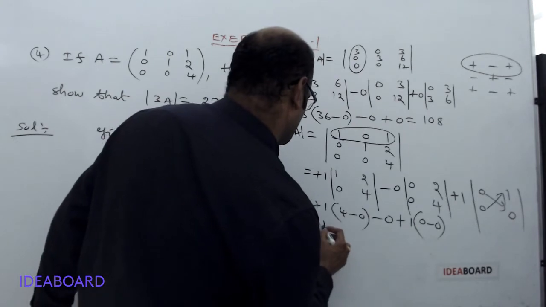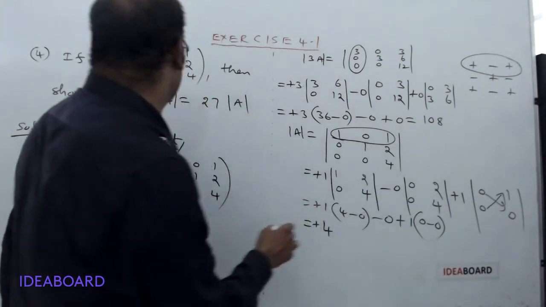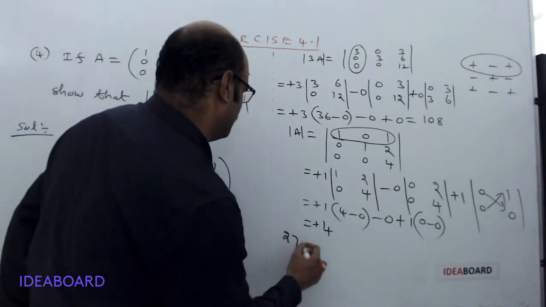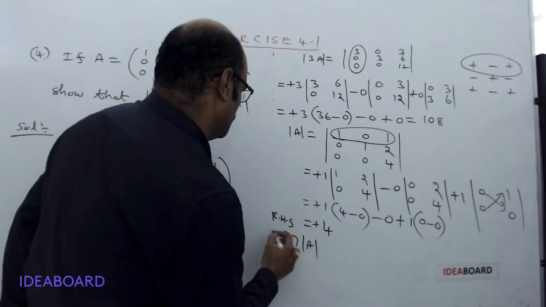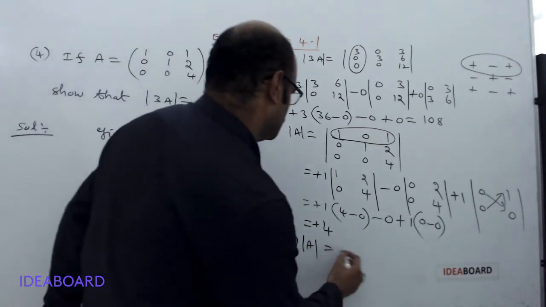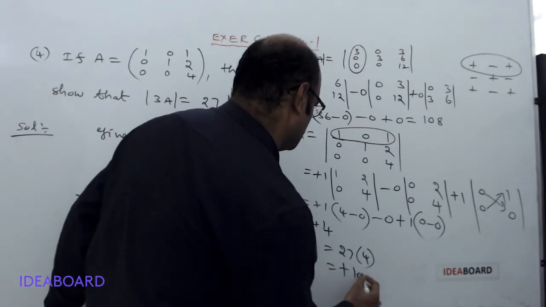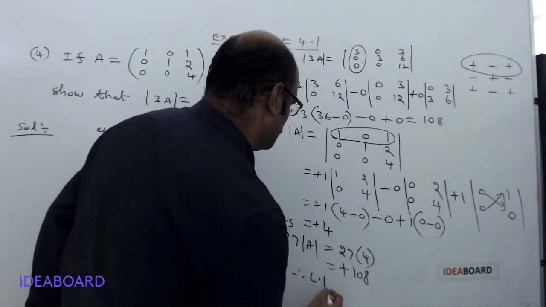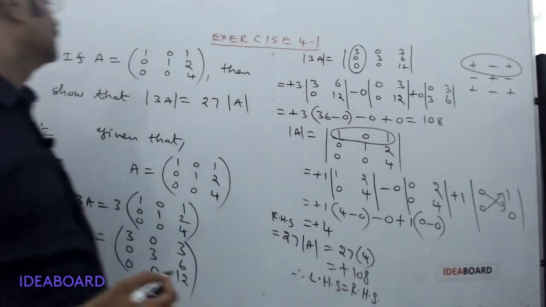So equal to plus 4 here. So det A equal to plus 4. Now RHS equal to 27 into det A. So 27 into 4 equal to plus 108. So therefore LHS equal to RHS. Hence proved.